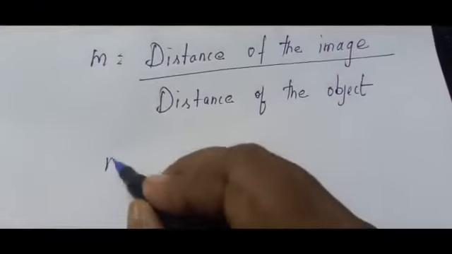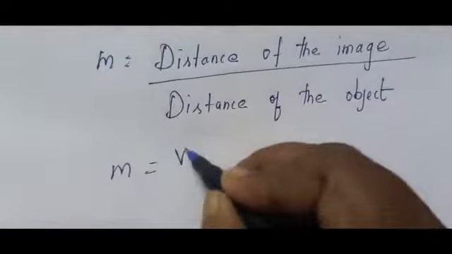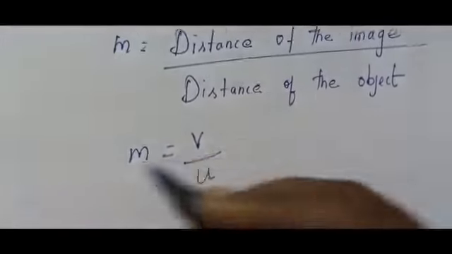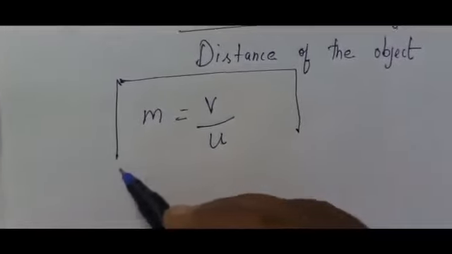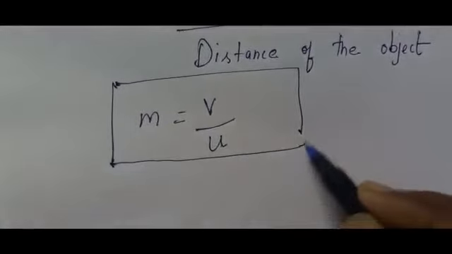So M equal to v divided by u, also another formula to calculate the magnification of the lens.